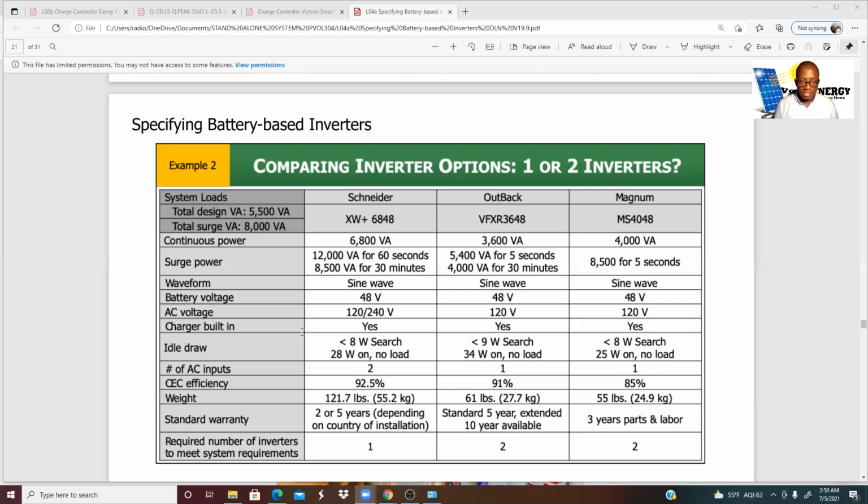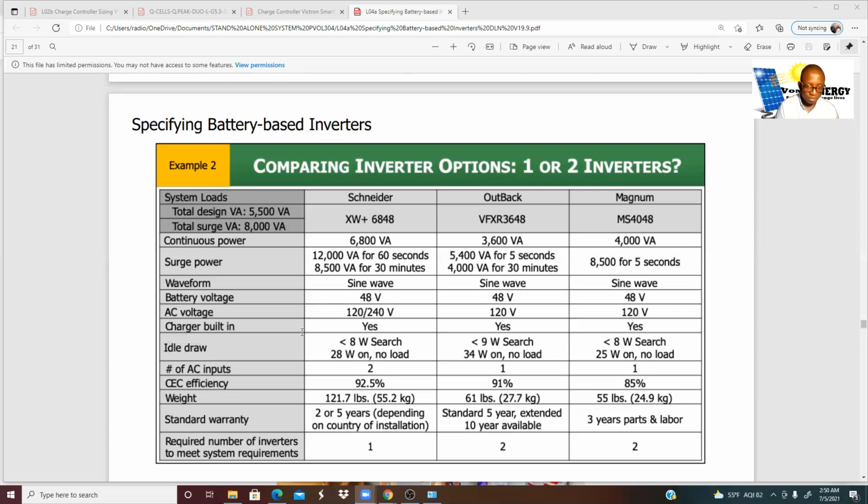Boom, that's the surge seconds. So it's very important to know the surge seconds when you have loads on the system that have surge power. Okay, now we look at the Outback: 5,400 VA for 5 seconds, 4,000 VA for 30 minutes. Then we have 8,500 for 5 seconds at Magnum.